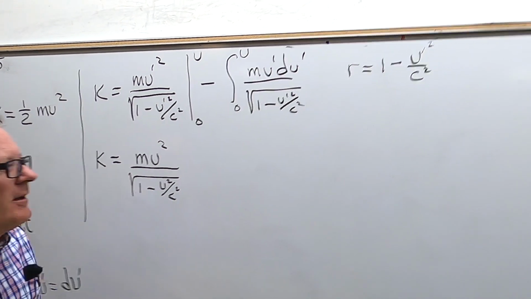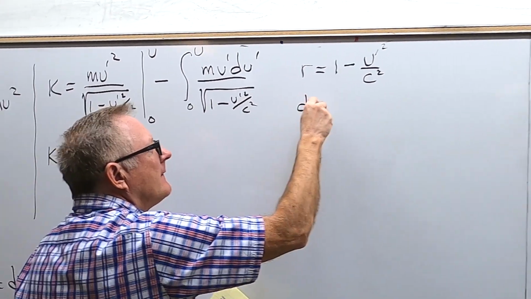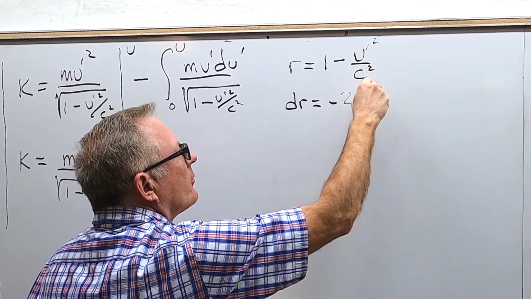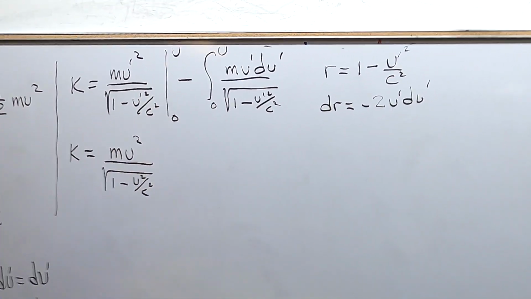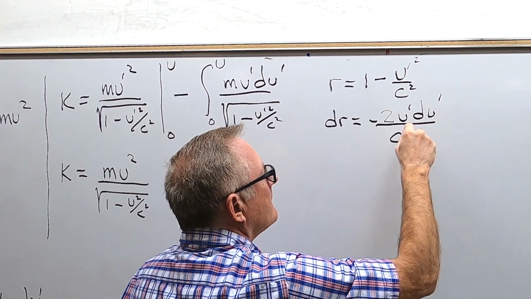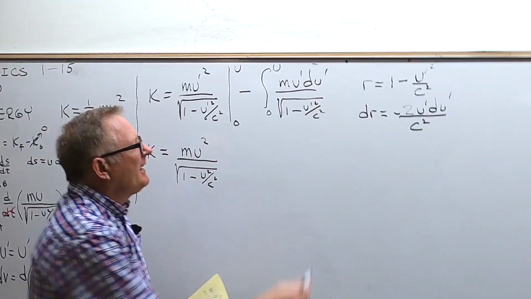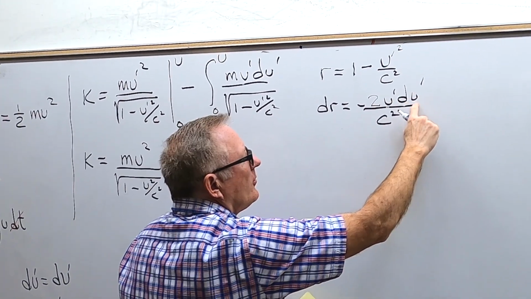Okay, and now if I take the derivative of this, we get dr equals 0. You get minus 2u prime du prime all over c squared. I have a u prime du prime, so I'm going to solve for u prime du prime out of this.